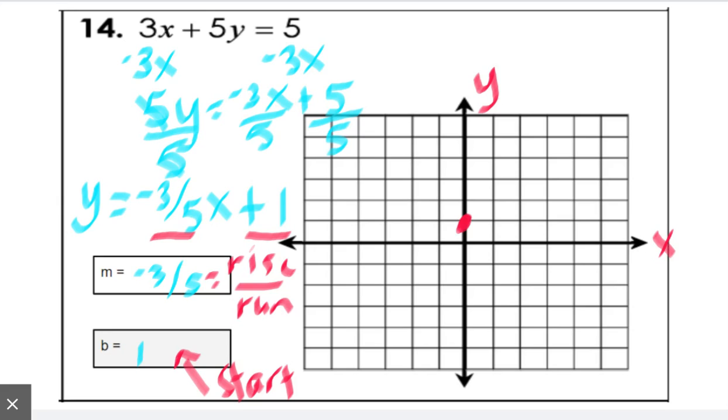So I'm going to rise -3, which means I'm going to go down 3, and then I'm going to run +5. So I'm going to go +5. So my next point would be here. So you just draw the line through those 2 points, and that is the graph of that equation.